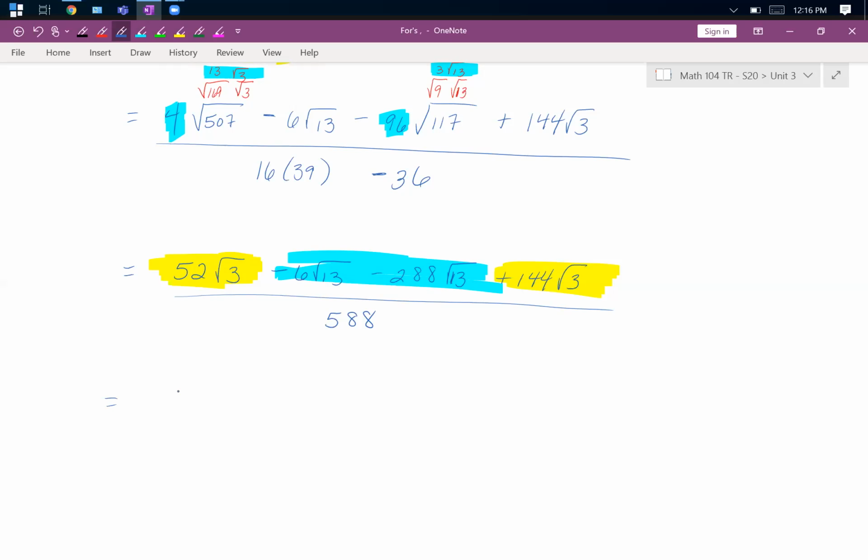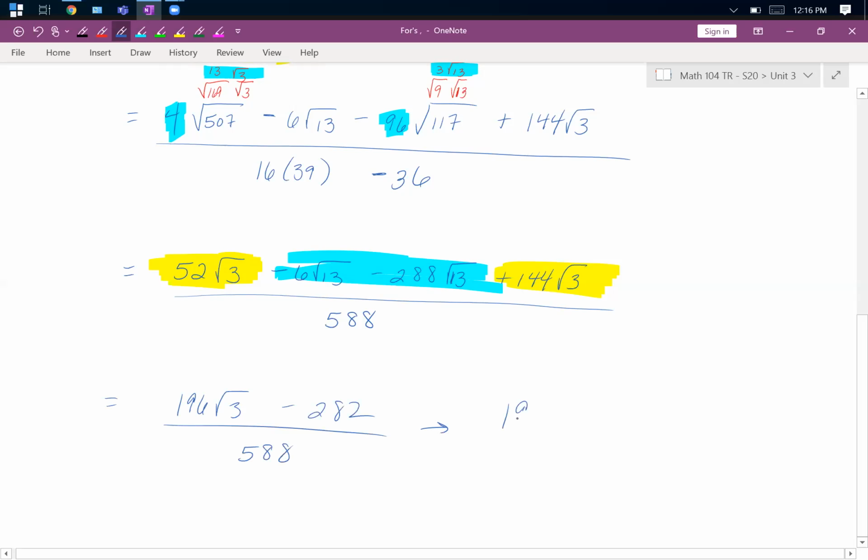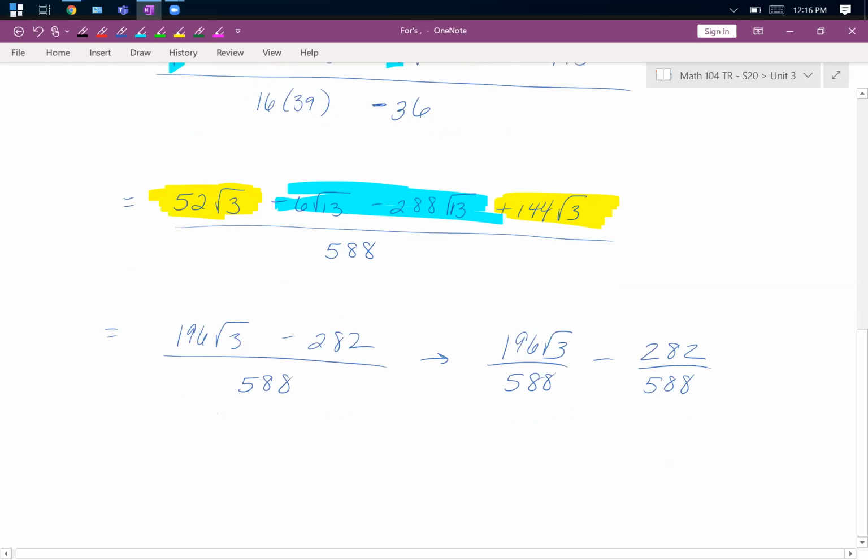That's going to give us 196 square root of 3 minus 282 over 588. And then I'd break these up into 2 separate fractions and then simplify whatever's on the outside. That has to simplify by something. At least 2. And then that should be your answer.